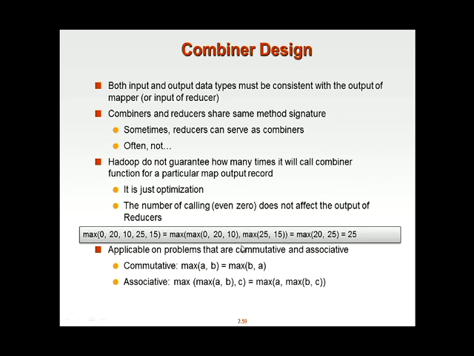Only if the function is commutative and associative can you have the same result, which means you can do this operation in arbitrary order. You can group them arbitrarily, and the order of how to process them does not affect the final result. So you can always get the same result. But if it is not like that, then your aggregation method in the combiner will cause some problems.